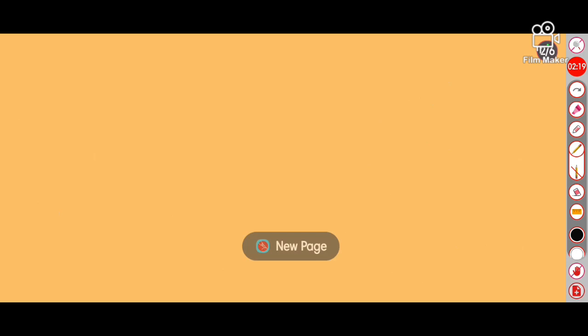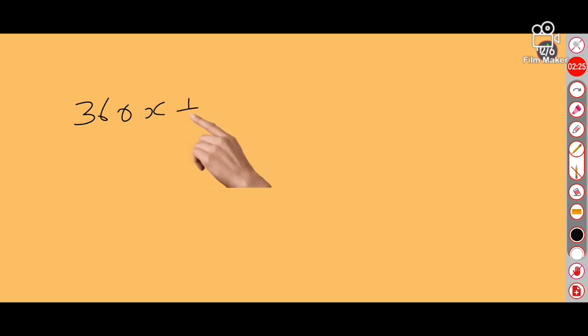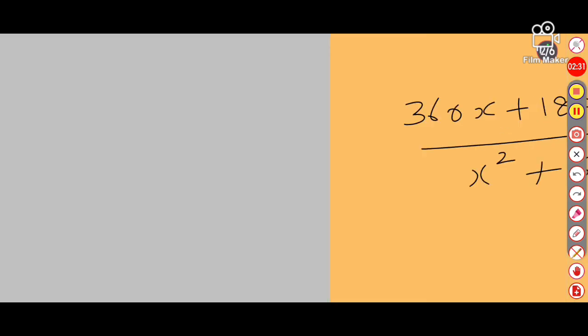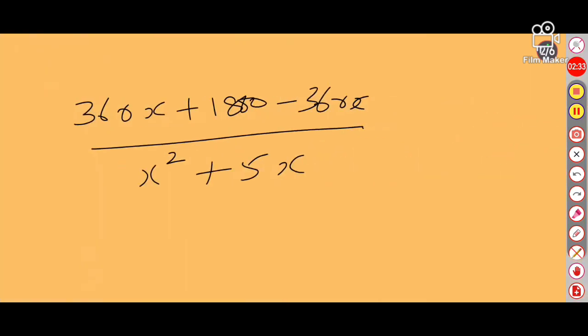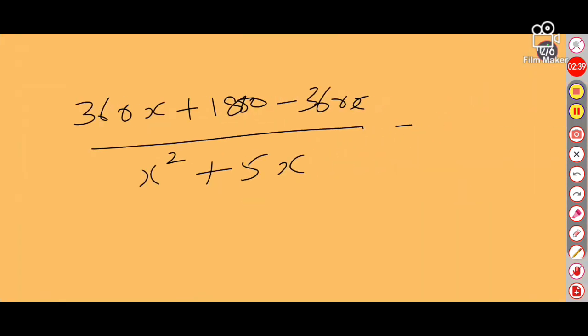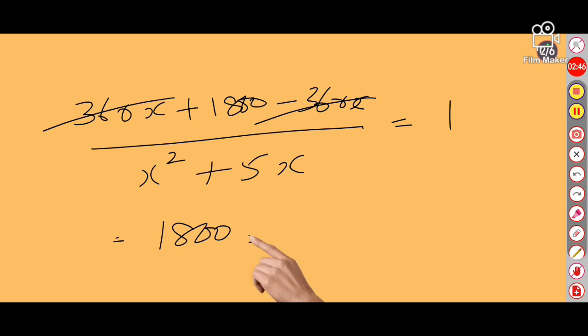Taking LCM, when you do 360x plus 1800 minus 360x by x square plus 5x equals 1, you get 1800 equals x square plus 5x.